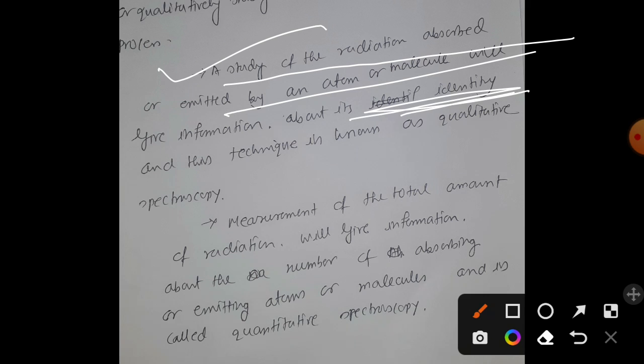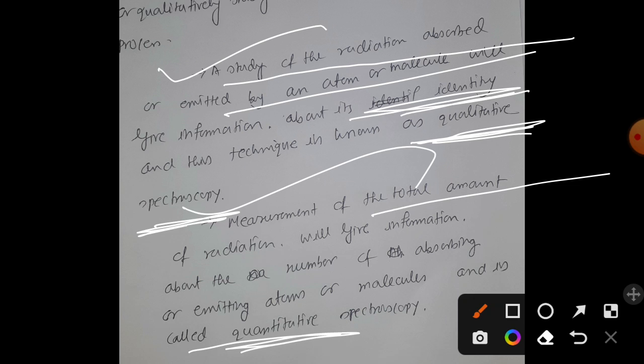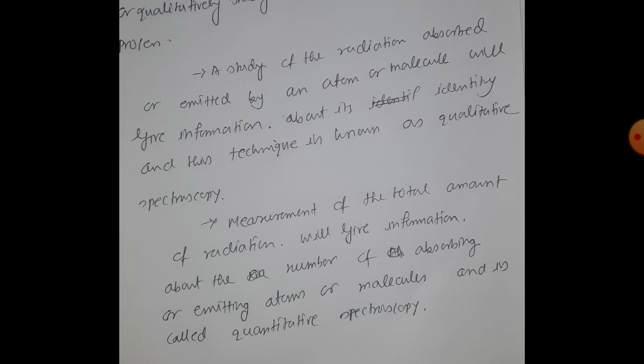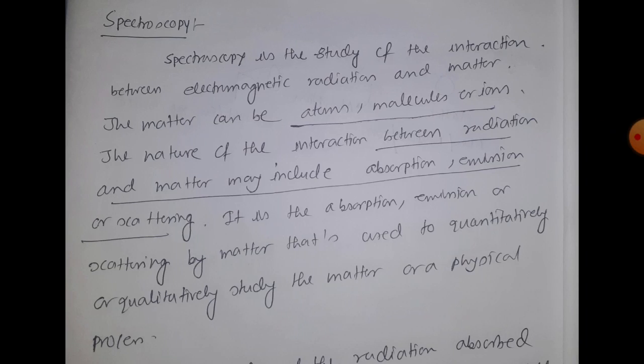I have told you that it is a qualitative approach as well as a quantitative approach too, and the measurement of the total amount of radiation can tell us what amount of atoms has absorbed the electromagnetic radiation along with what amount of atoms has simply emitted it. So it is both a quantitative and qualitative measurement. That was the first video regarding spectroscopy.